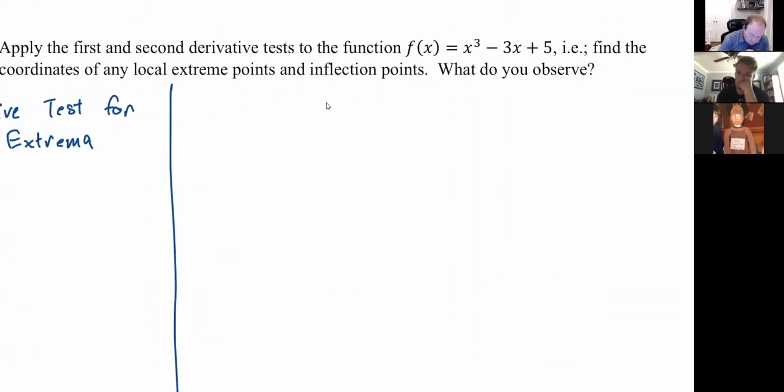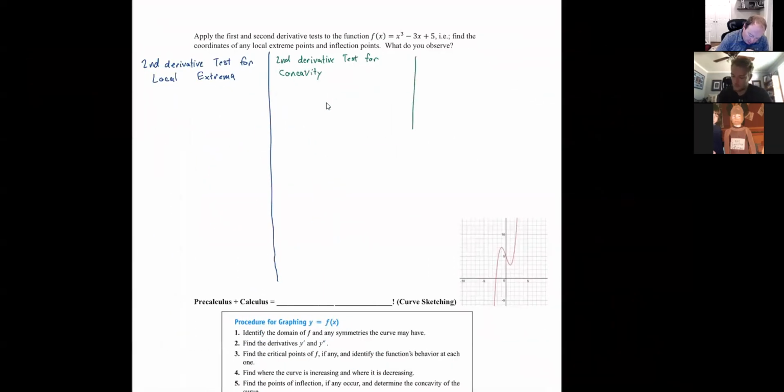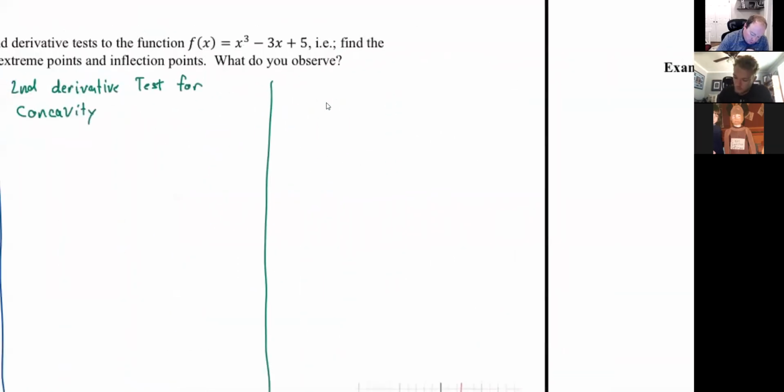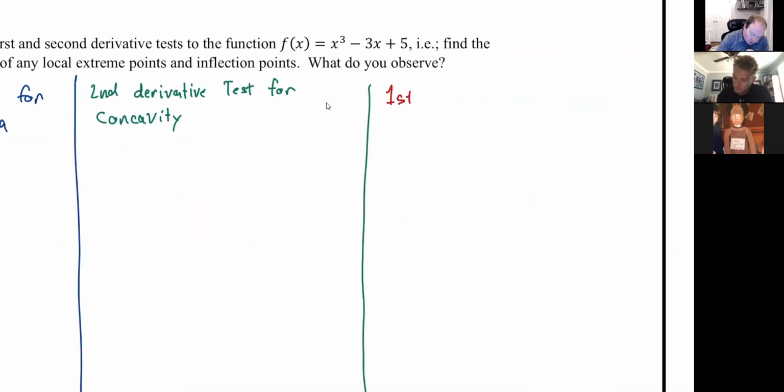The middle piece will be the second derivative test for concavity. So this is what we did at the beginning of the lesson. And then lastly, we have what we did last class, which is to say we have the first derivative test for local extrema.